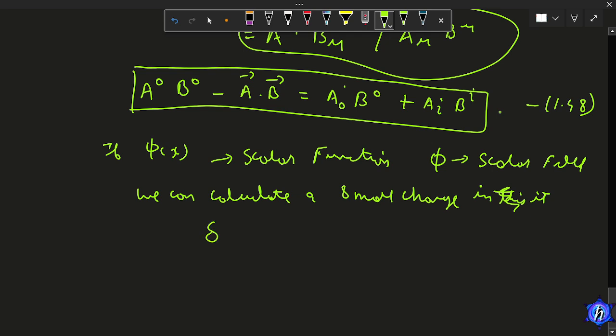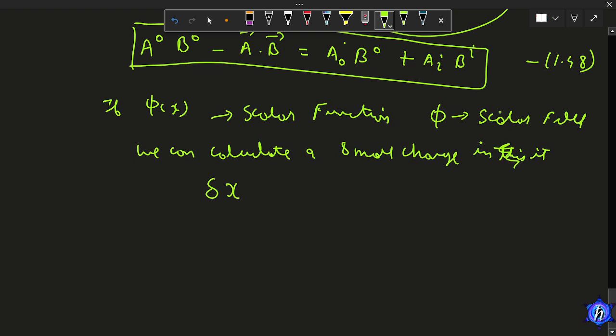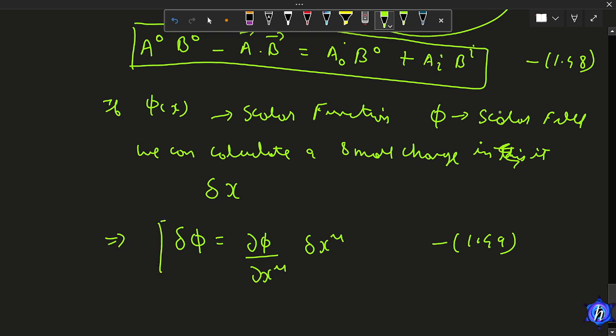We will denote this by delta x. Let me explain. I have phi of x as the scalar function, where psi is some scalar field. I want to calculate a very minute change in the scalar field. I use this notation, and we can calculate this by this particular equation, x mu delta x mu. This is equation 1.49. Let me box it and let me explain what each term means.